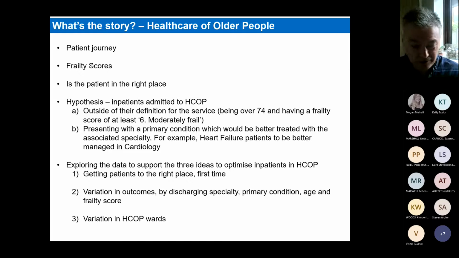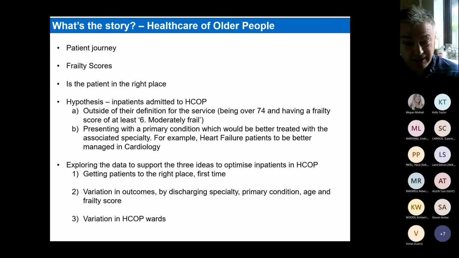On our healthcare of elderly people, another example, they were looking at the patient journey. They wanted to look at frailty scores, so they wanted to bring some non-financial information into our PLICS system. The consultant said we record frailty scores for anybody over 65, and actually within our geriatric medicine patients, sorry, anybody over 74.